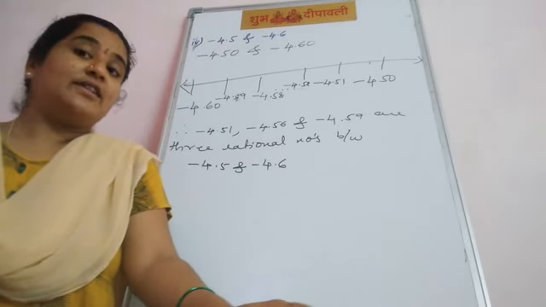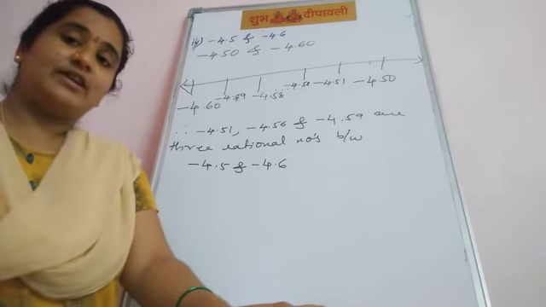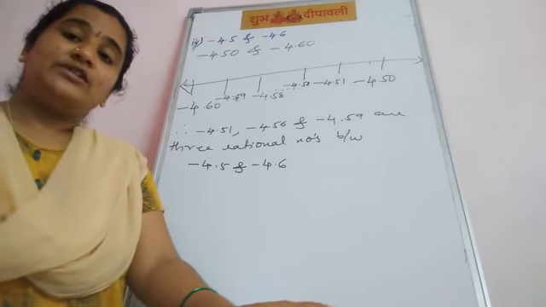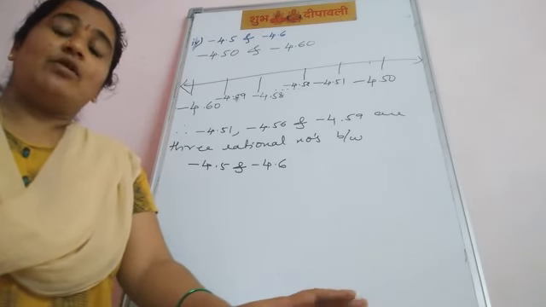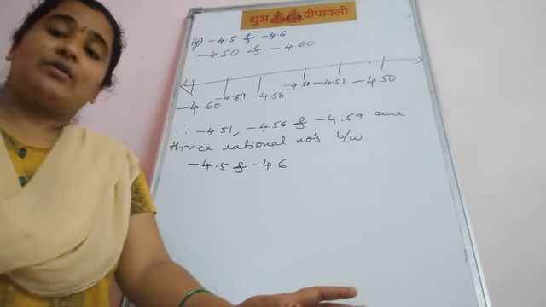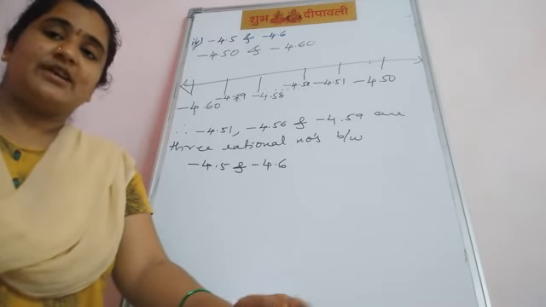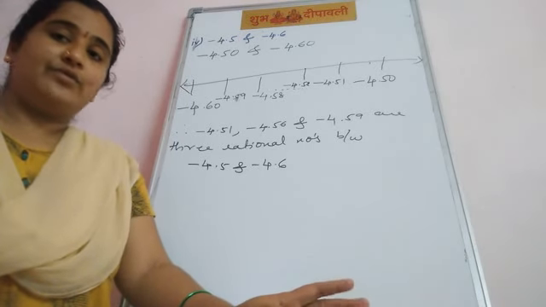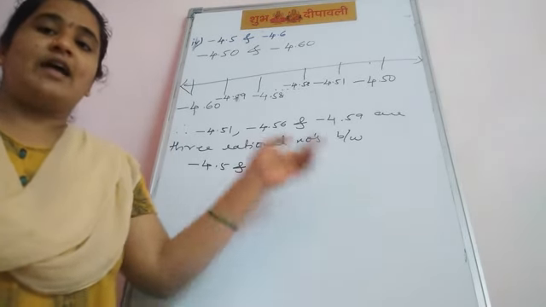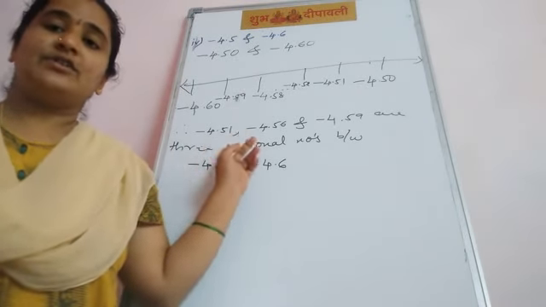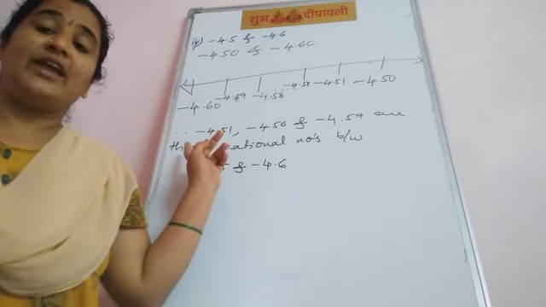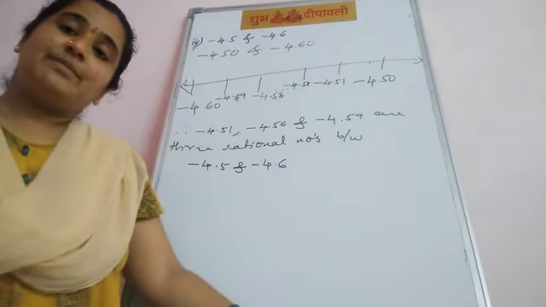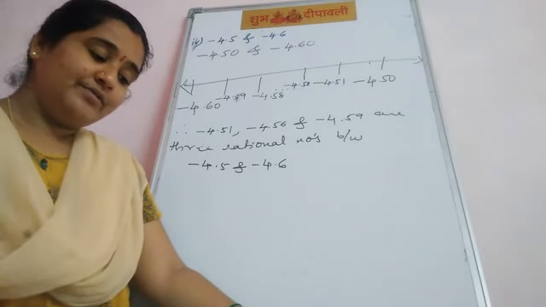Still he explained the definition of the irrational number. Irrational numbers are the numbers which are non-terminating and non-recurring, or numbers which cannot be written in p by q form. Okay? And there are infinite rational numbers between any two numbers. By this, your practice set 2.2 is finished.